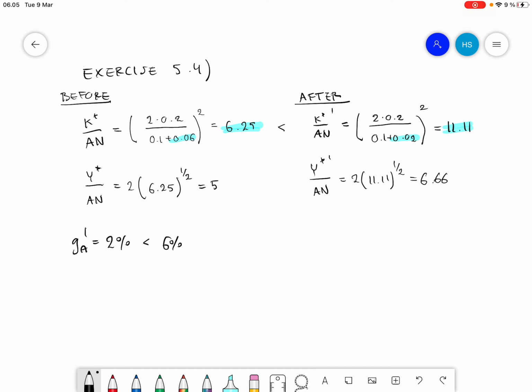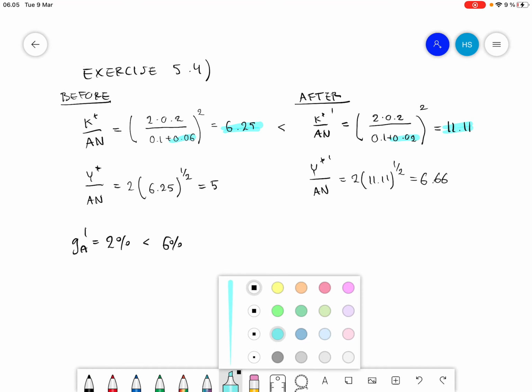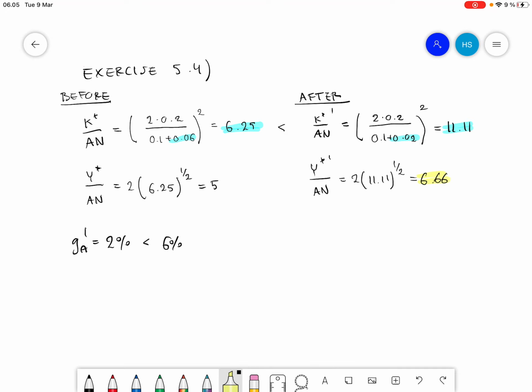Similarly, if we had to calculate the output per effective worker for the new rate at which technology grows, we will also get different values for output per effective worker. And if we plug in our values, we get that the output per effective worker is now 6.66, which is higher than 5 compared to before.